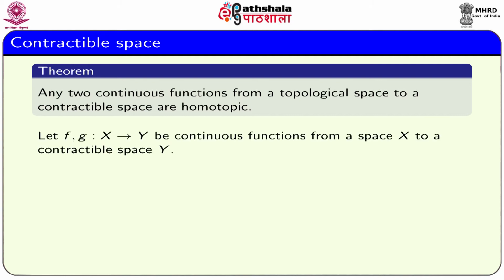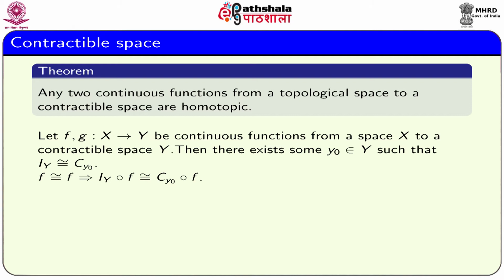Suppose f and g are two continuous functions from a space X to a contractible space Y. Then there exists some point y0 belonging to Y such that the identity function on Y is homotopic to the constant function cy0.